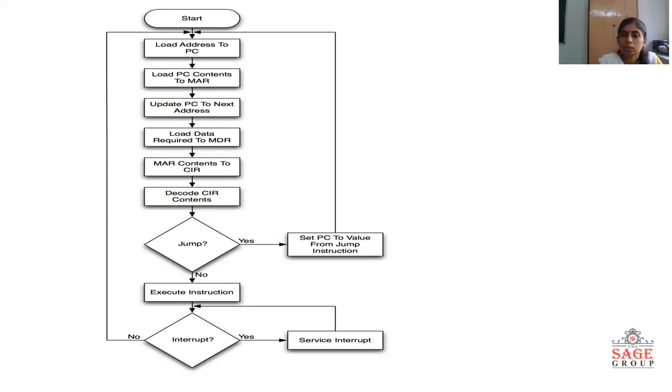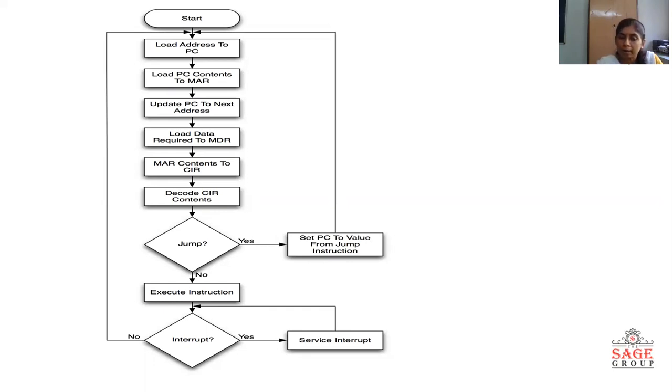Then the current instruction register is basically used for holding the instructions to be executed immediately. So there is a transfer of information from the memory data register to the current instruction register, and in the decoding process, next the contents in the CIR are decoded.